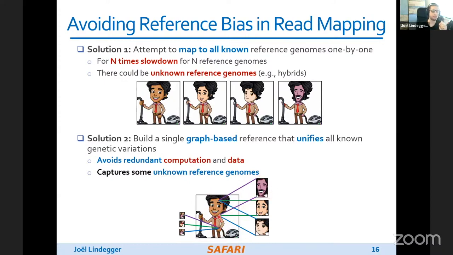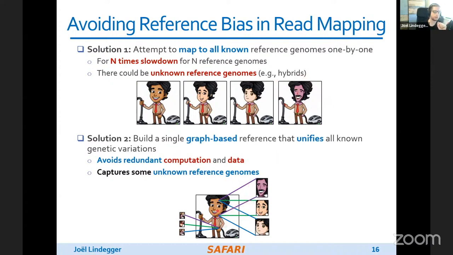So you would have a pointer here that says, okay, instead of the regular face over here, you could have this face or this face or this face. And then we would have another pointer over here that says, instead of this hand, you could have alternatively this hand, or this hand. But the key point here is that now we can't just capture the reference genome of this guy, for example, with purple hands and purple face, but you can see combinations.